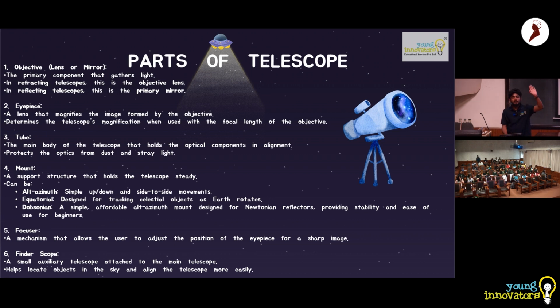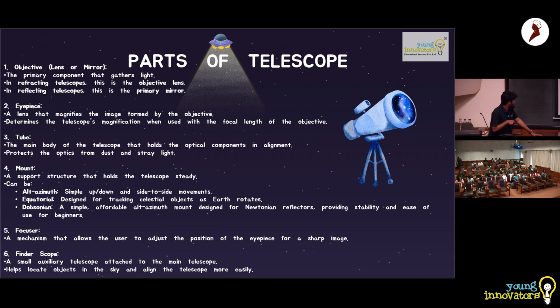If you point it at one object, it stays on that one object. Of course, there are corrections to be done, but it is a much better option for astrophotographers or long-exposure researchers than a Dobsonian telescope. Equatorial mounts also work in a similar way.